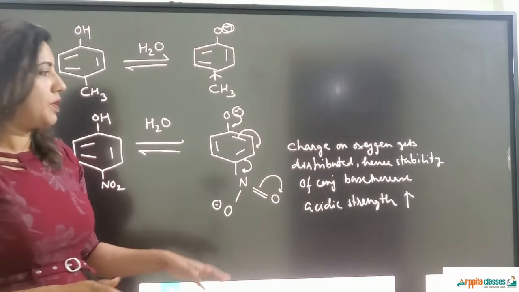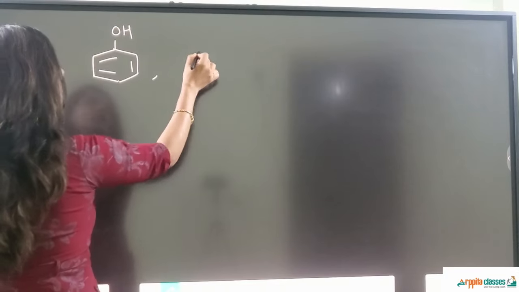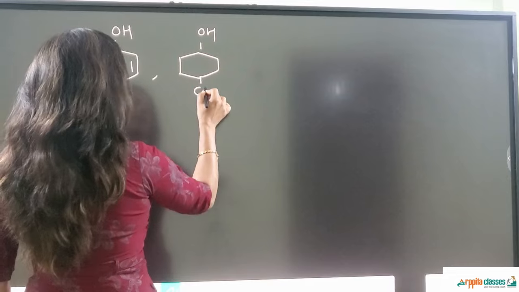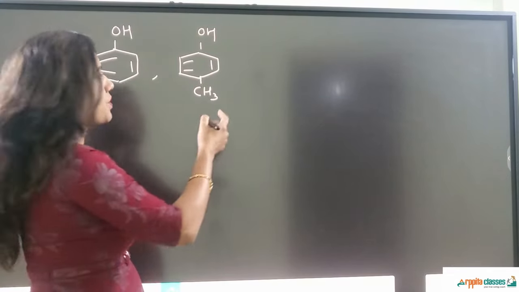This is the concept. So finally, I will give you an example of the same type of compound. Suppose this is phenol, this is para-methyl, or you can say para-hydroxy-toluene.